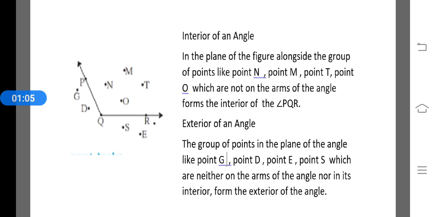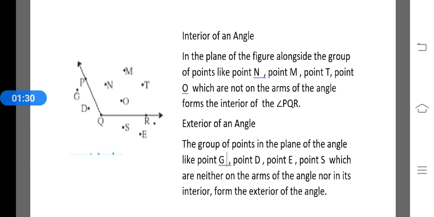The point which lies in the interior side of the angle is known as interior of an angle. In this figure, we can see that point N, point M, point O, point T are the interior points. They are not on the arms nor outside the angle.